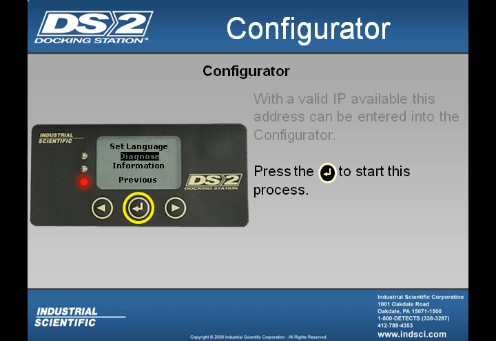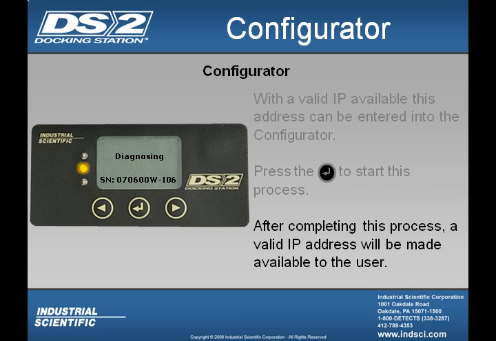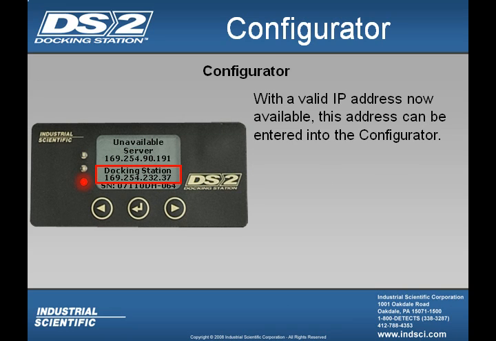Once I have Diagnose highlighted, I'm going to press the enter to start that process. After completing the process, a valid IP address will be made available to the user. So with a valid IP address now available, this address can be entered into the configurator.